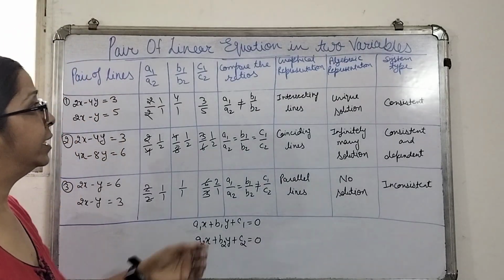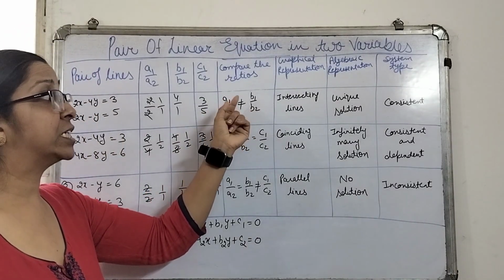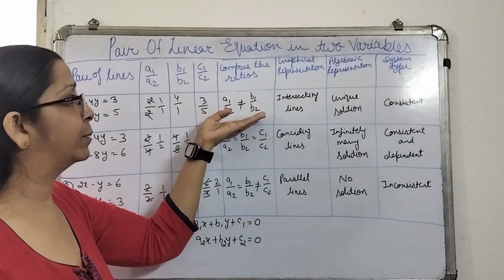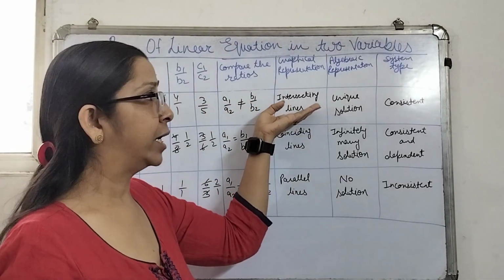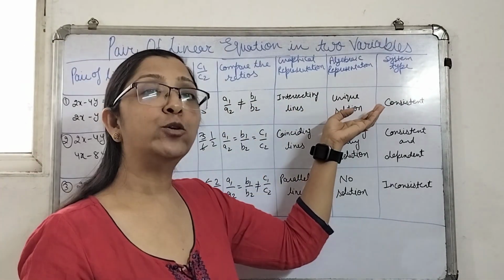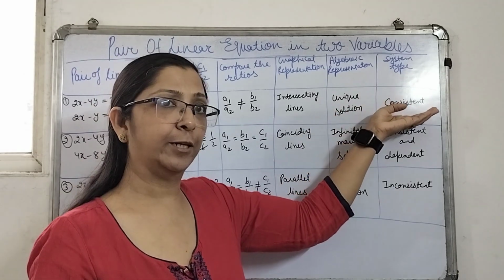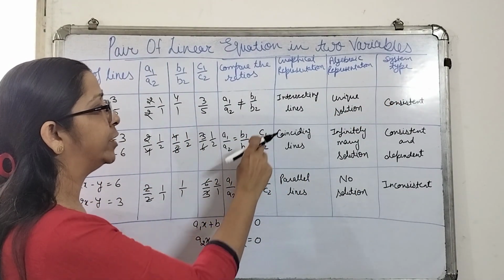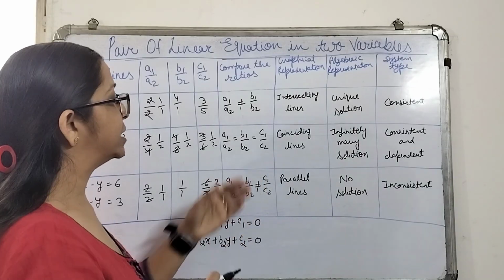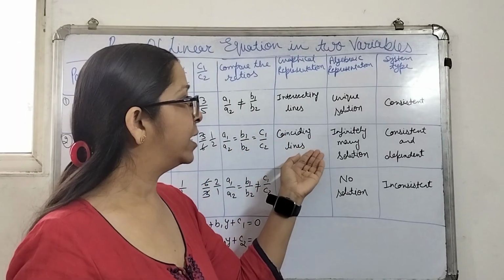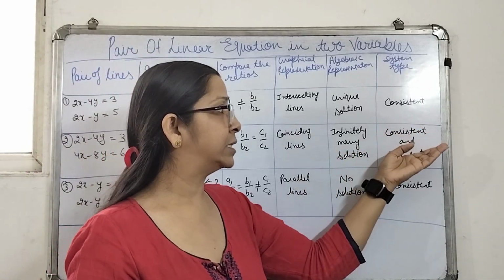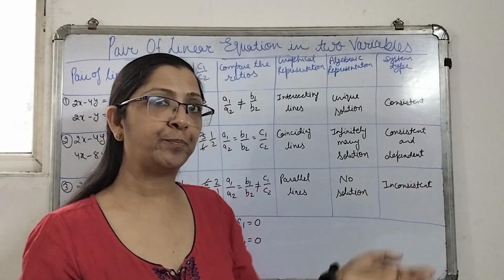Again, we can see if a1 over a2 is not equivalent to b1 over b2, then these lines will be intersecting lines, and they will have a unique solution. They will be consistent. If a1 over a2 is equivalent to b1 over b2 is equivalent to c1 over c2, then these lines will be coinciding lines, and they will have infinitely many solutions, and they will be consistent and dependent.